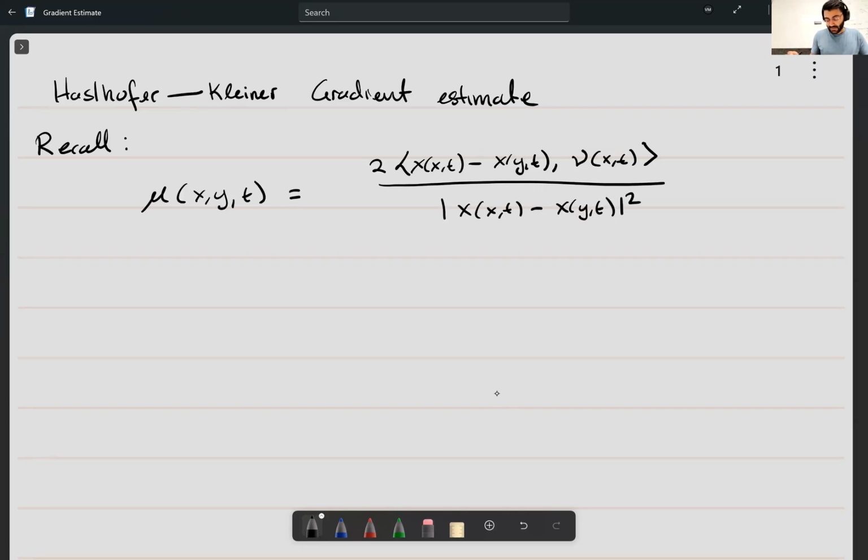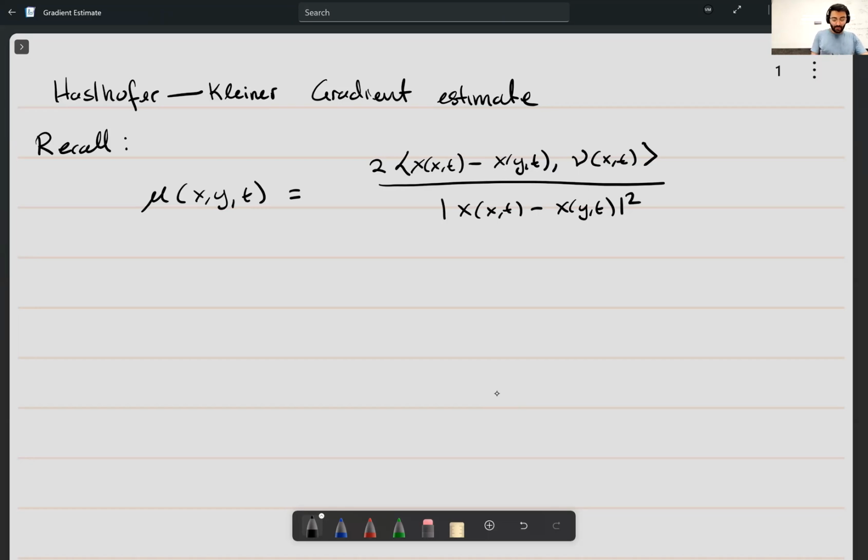And what I said was that this quantity, even if X is not a solution to mean curvature flow, just an embedding of a surface, is the principal curvature of the largest ball that is tangent to the surface at x and passes through the point y. So that's 3 conditions, so there's a unique ball that does this.